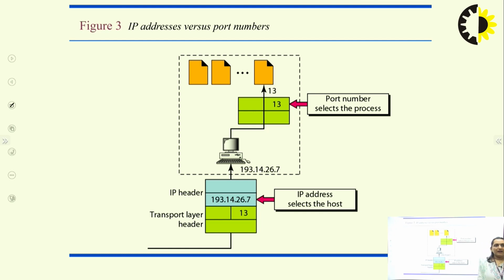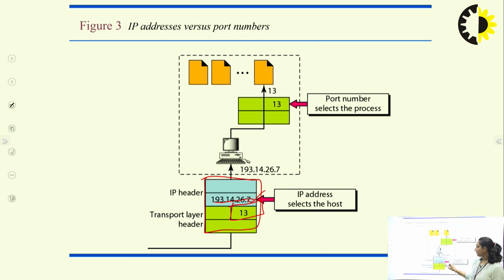So what is an IP address versus a port number? If we have an IP header, it contains the destination IP address, which we see in the network layer. Then we have a transport layer header, which tells what process we have to deliver our letter to.